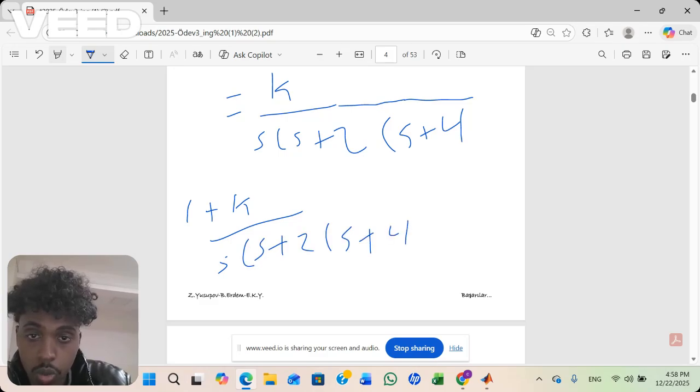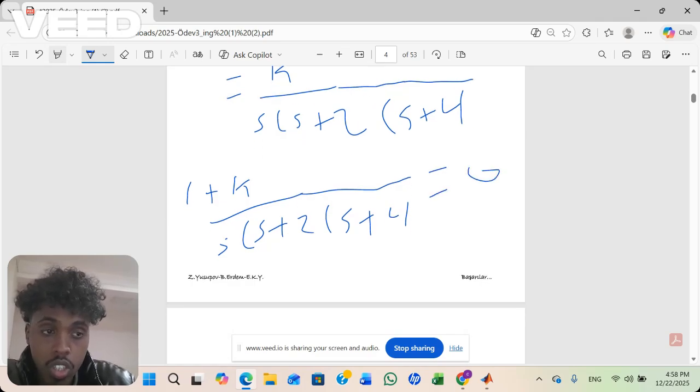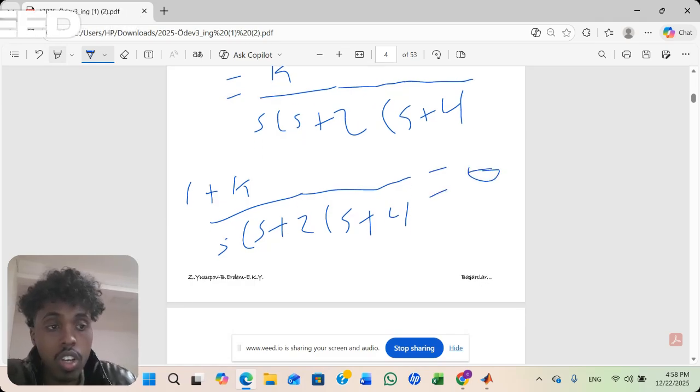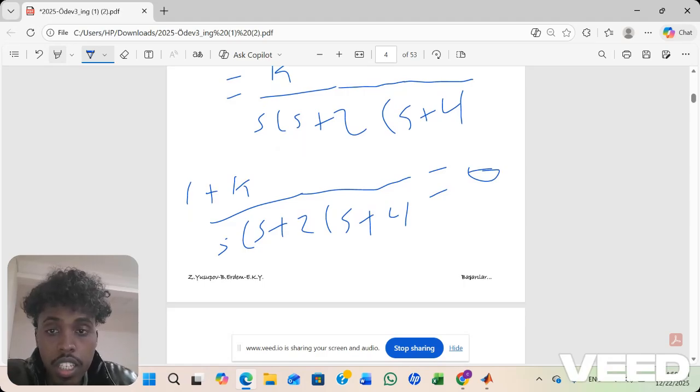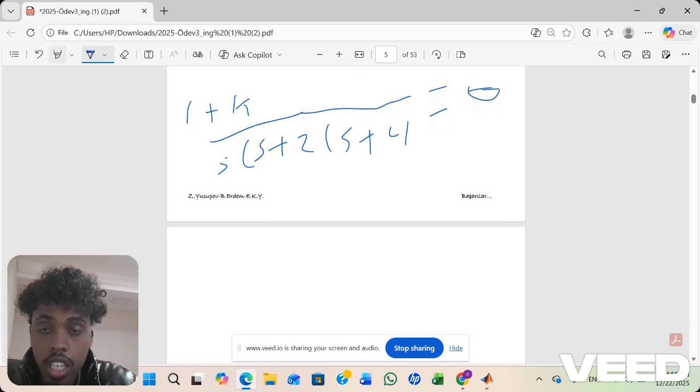This is the equation, and this is equal to 0. Now we move this K to the other side.